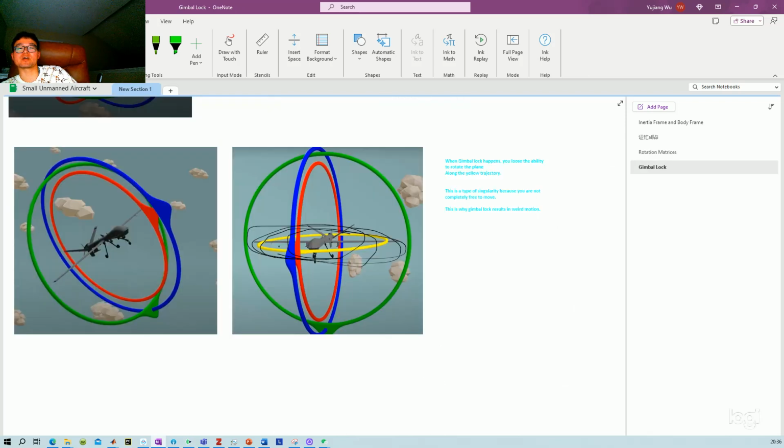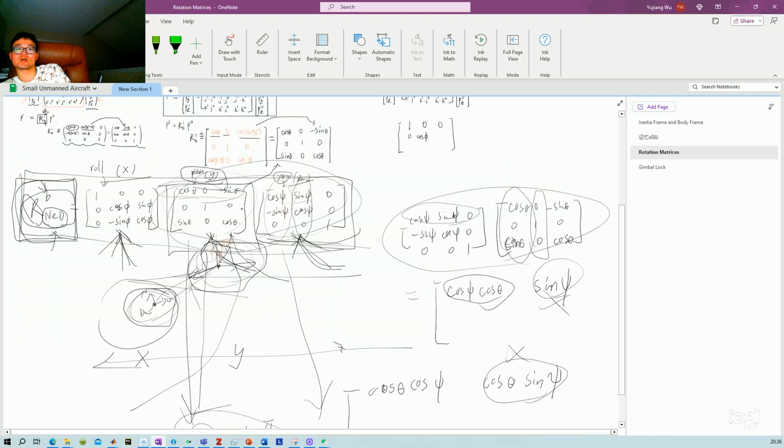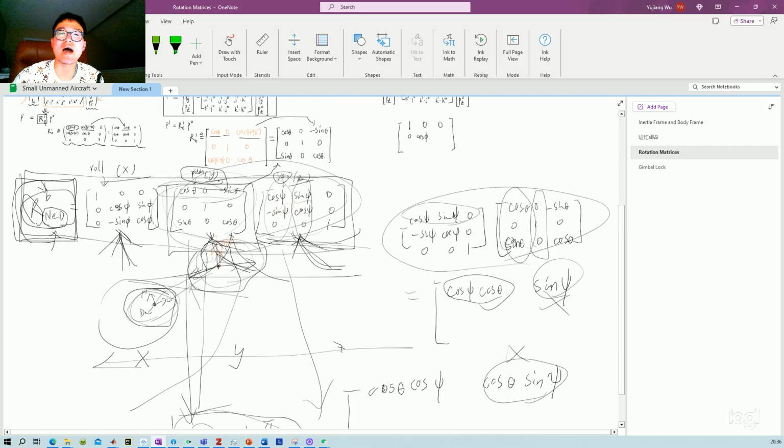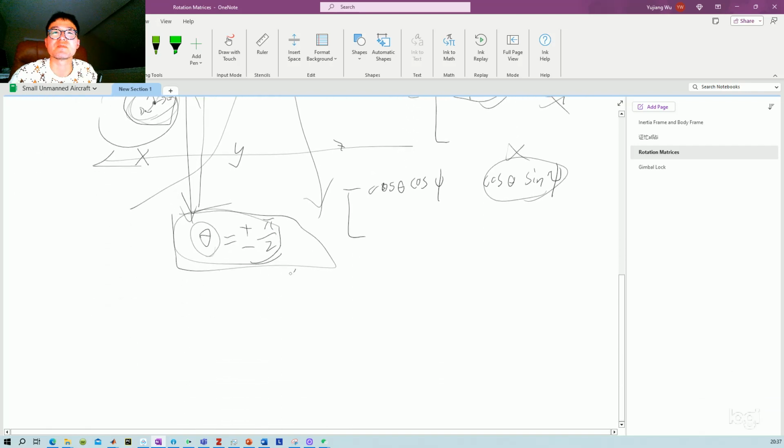Of course, you can do some weird rotation and rotate out of the gimbal lock. Then you have more freedom to rotate. I will not go into details about that, but that gives you some sense of why we try to avoid gimbal lock, and the way we avoid it is putting the pitch y as the middle rotation, because gimbal lock always happens when the middle theta equals plus or minus 90 degrees.